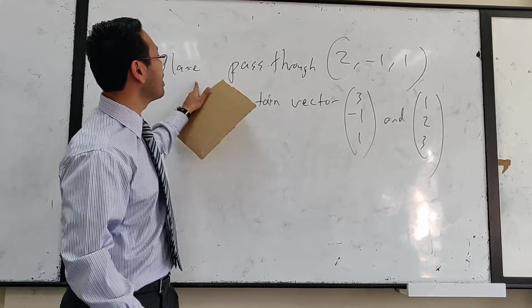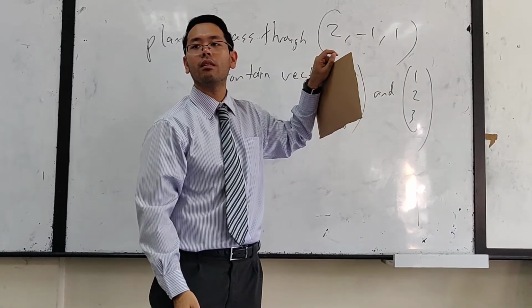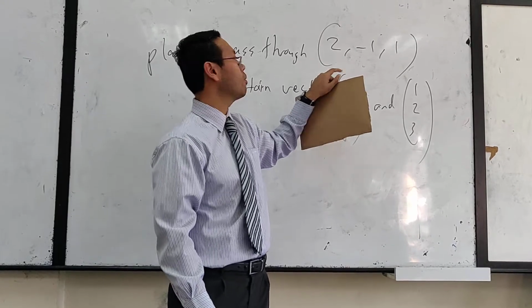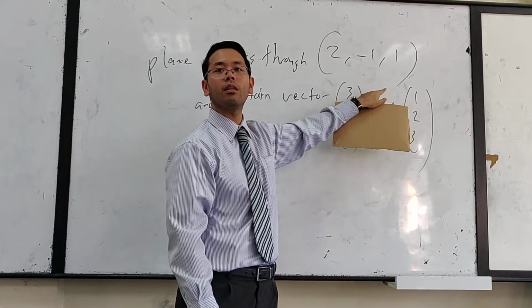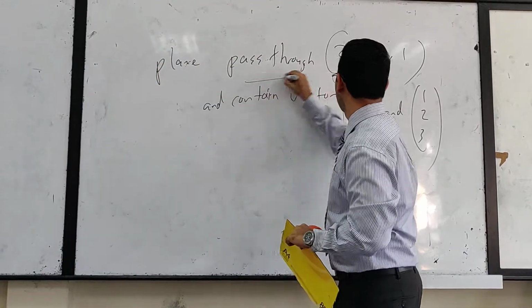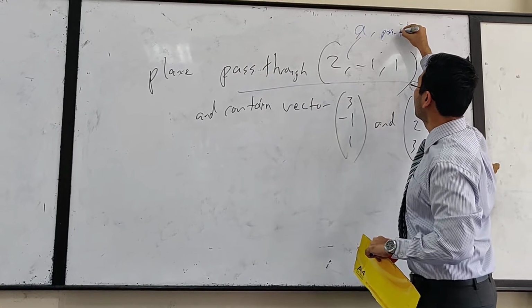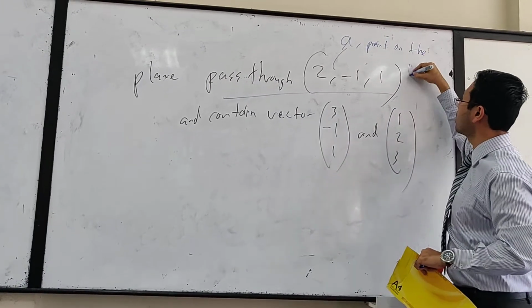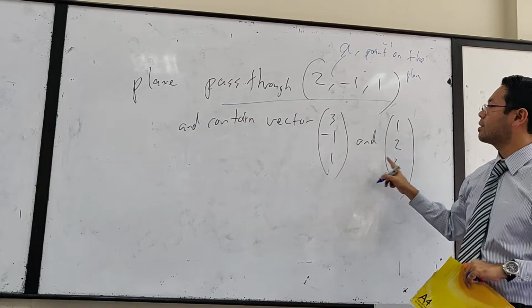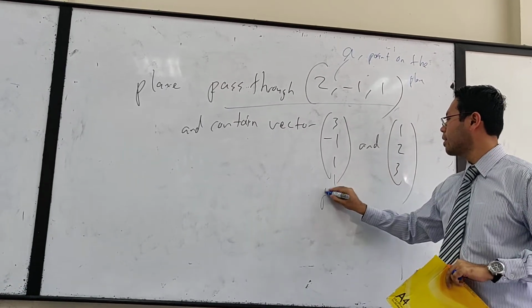Okay, so how does a plane pass through 2, negative 1, 1? What does it mean? What is this 2, negative 1, 1? That's the A, that's the point on the plane. This is the A. What are these two? They share direction. Direction 1.